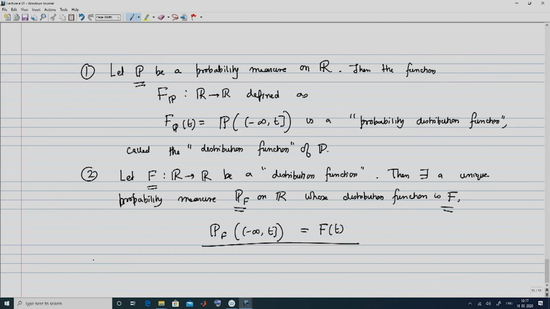So, the next thing is that we can now move on to the concept of density functions.